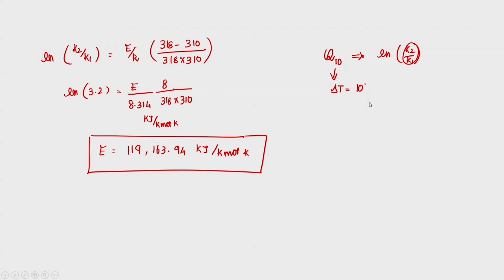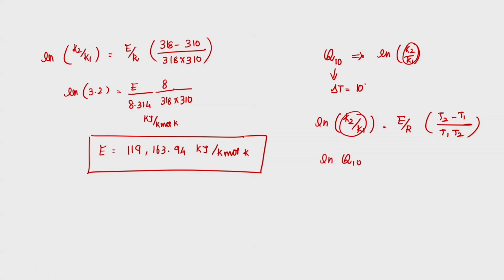Now, ln K2 upon K1 is nothing but E upon R into T2 minus T1 upon T1 T2. So, this becomes Q10 when my del T is 10. So, T1 into T1 plus 10, my T2 is nothing but T1 plus 10, right.